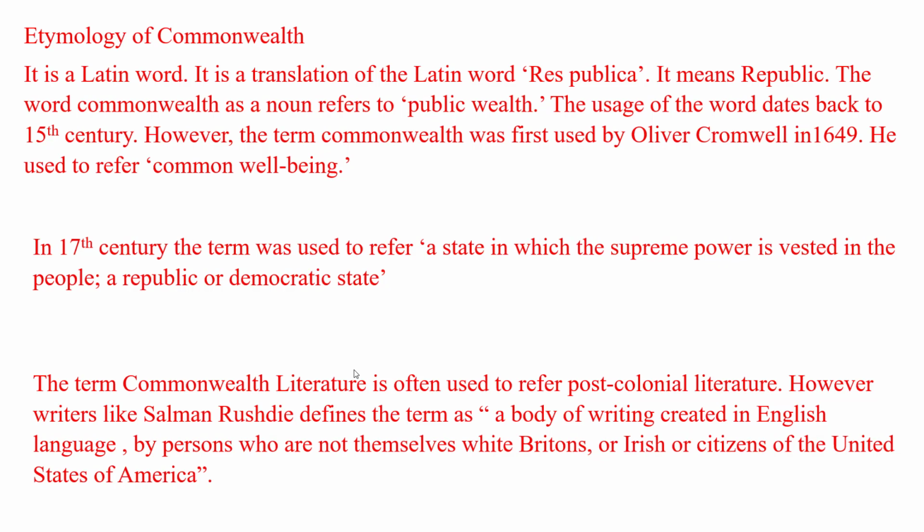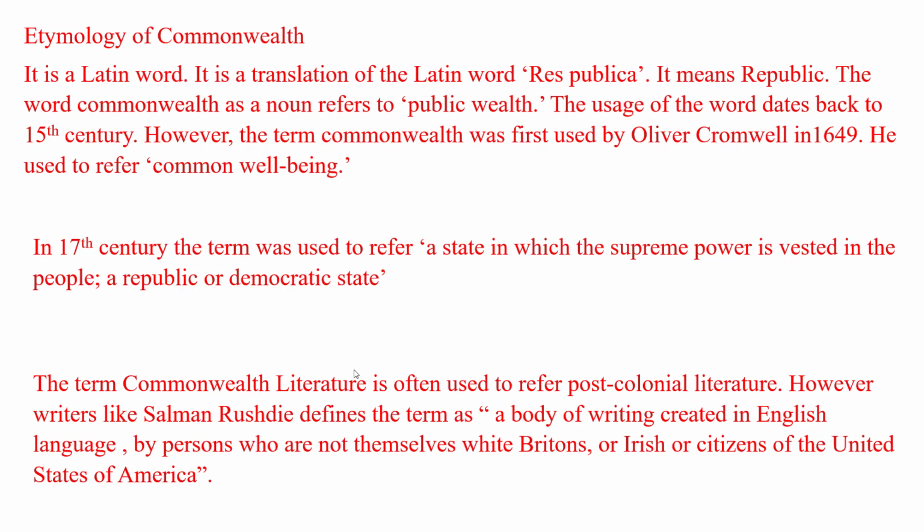For example, now in India, the power rests in Delhi. Similarly, in the 17th century, the state where the parliament held power was named Commonwealth. The term Commonwealth literature is often used to refer to post-colonial literature.